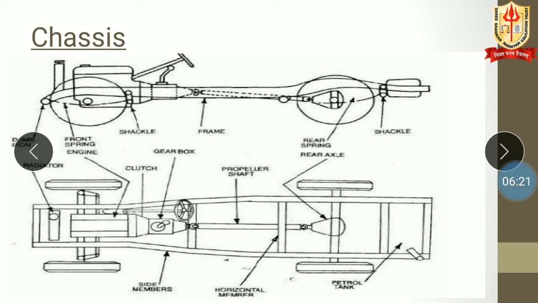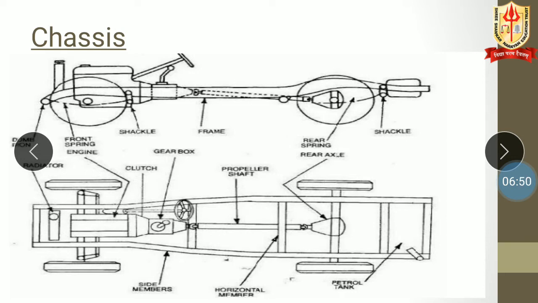While braking, the load is on the front side of the chassis. While accelerating, the load is exerted on the rear side of the chassis. While turning left or right, accordingly the load will be on the left side or the right side. All these loads are on the chassis only. So this is the basic function of the chassis.